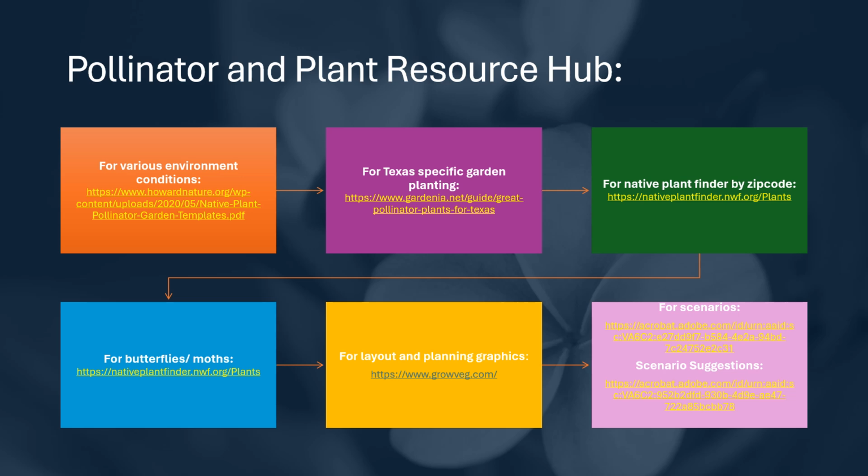Next, we're moving down to the blue box where you will find the same resource as in the green box. However, this time it's specific to butterfly and moth species. On the actual website, there's a little butterfly icon. Click on that and that'll also take you there. Maybe you're an avid nature explorer and would like to provide a habitat for monarchs as they migrate.